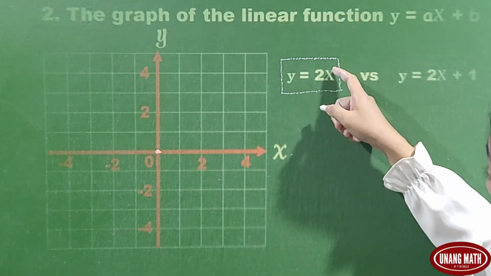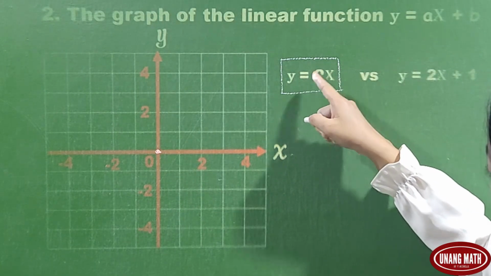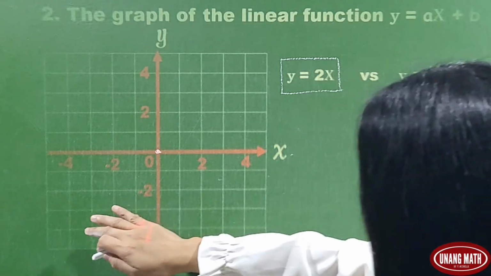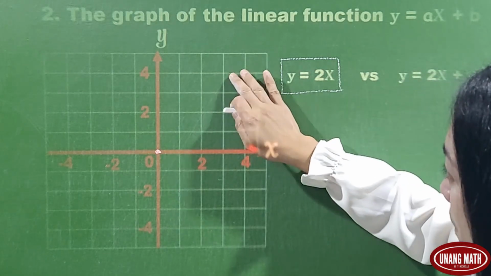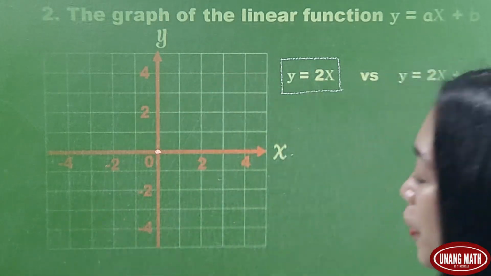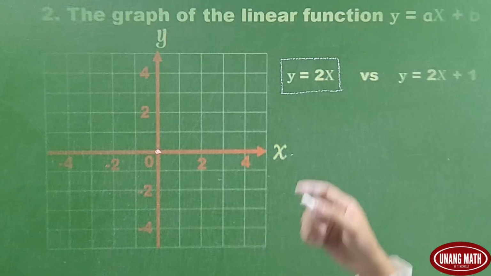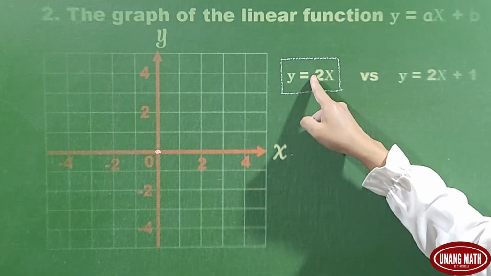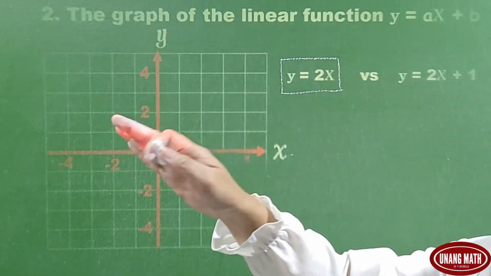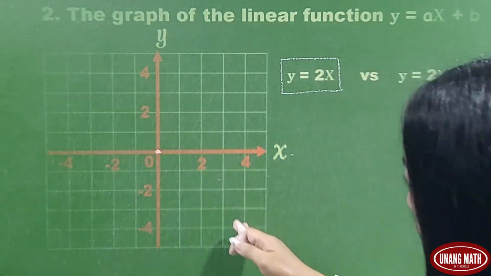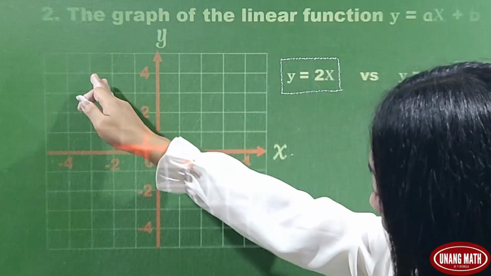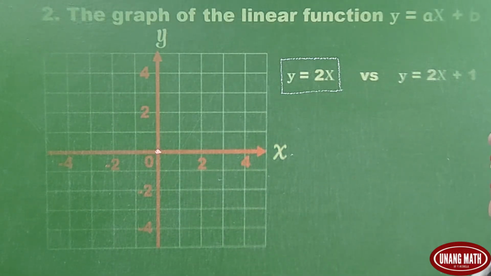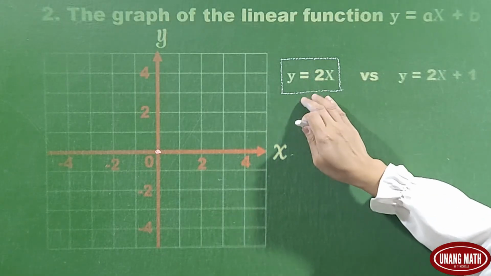And if the coefficient of variable x is a positive number, then the graph slopes upward and it passes through the first and the third quadrants. But if the coefficient of variable x is a negative number, then the graph slopes downward. It passes through the second and the fourth quadrants. Okay, let's graph y is equal to 2x.